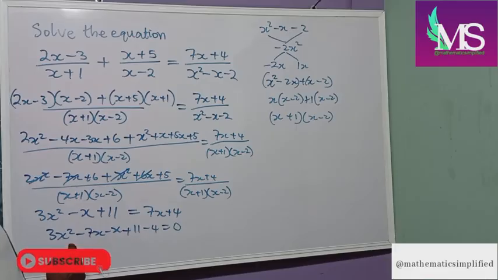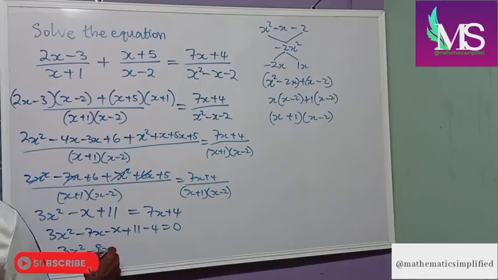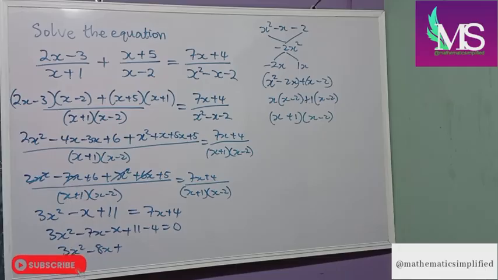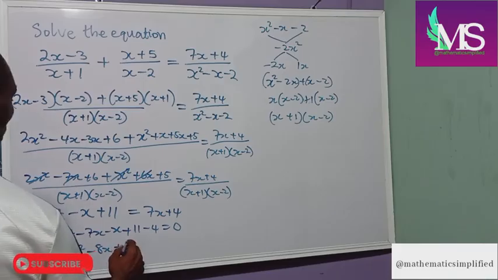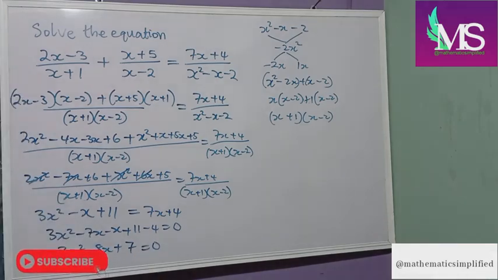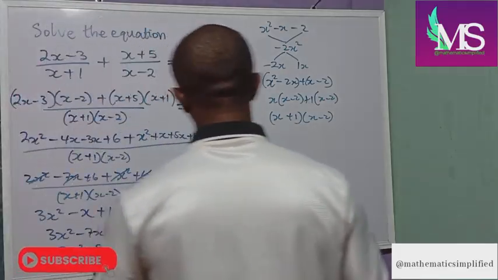So we are going to have 3x squared minus 8x plus 11 minus 4, and 11 minus 4 will give us 7, equals 0.